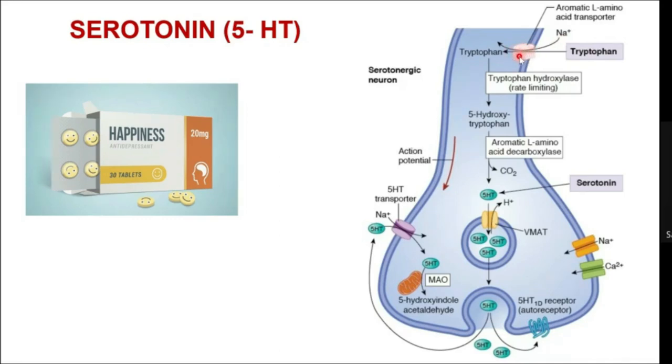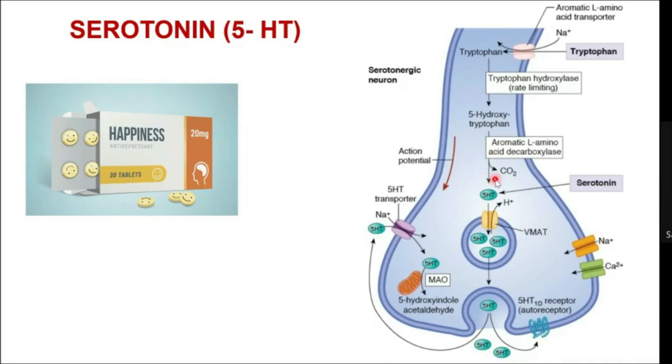This co-transporter transports sodium along with tryptophan. So tryptophan is the precursor, or the substrate, for the synthesis, and its plasma concentration can affect my serotonin level.